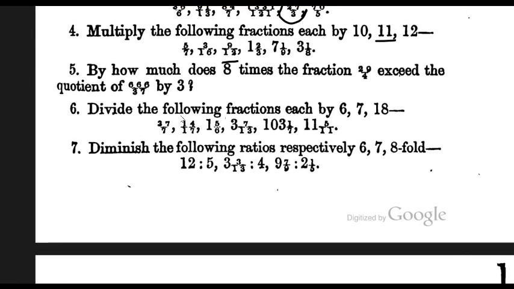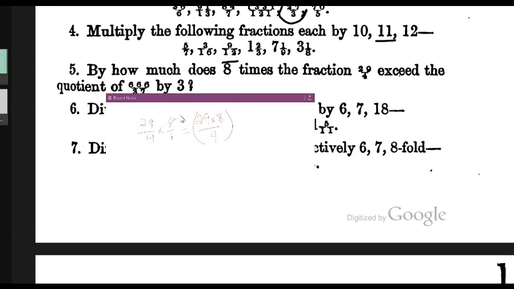Okay, the quotient of 666 37ths by 3. So we're dividing 666 37ths by 3.